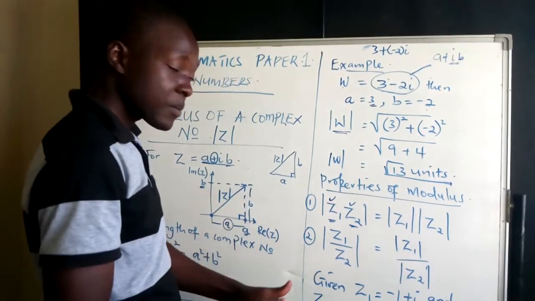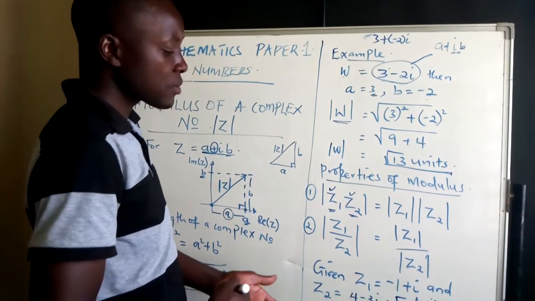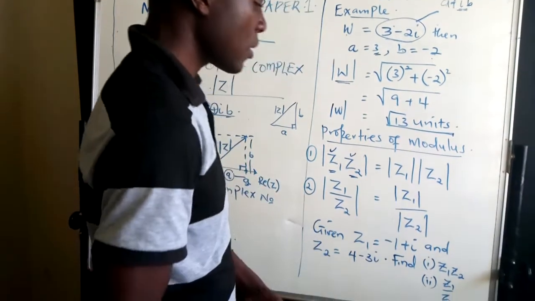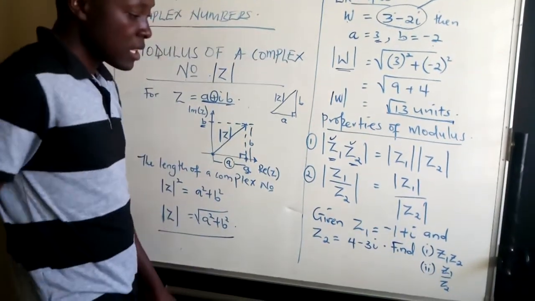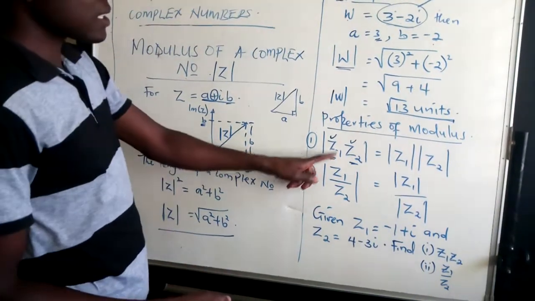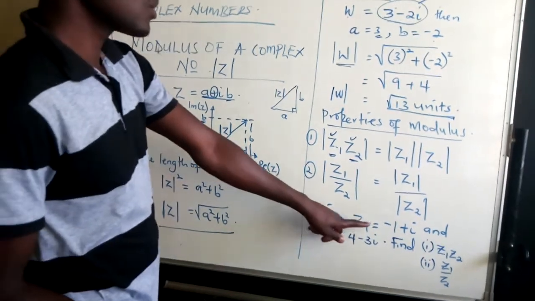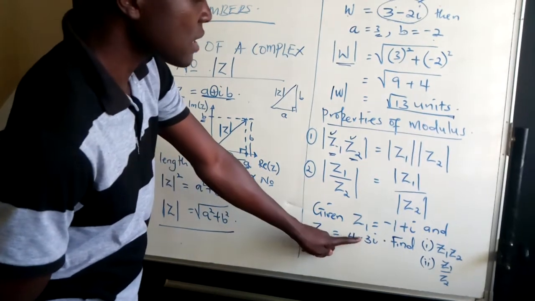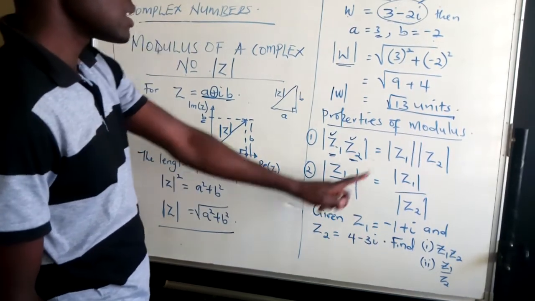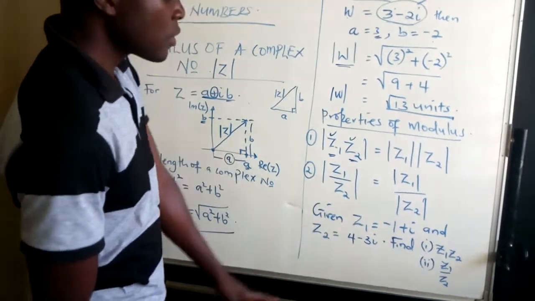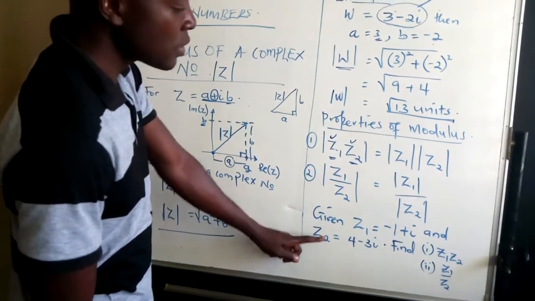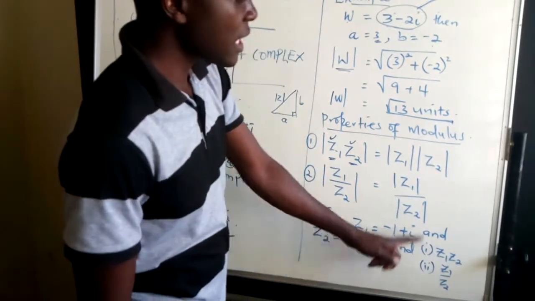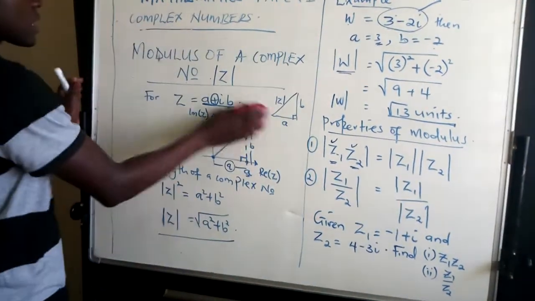Here there are some numbers that I want you to try out, and I'm going to add a little bit more because here there are only two Roman numerals. I'd like you to also verify this based on these two complex numbers. If you have z1 as this and z2 as this, you're going to obtain for me the modulus of z1. You also get the modulus of z2. Then you get the modulus of z1 times z2, and you see whether these properties are correct.